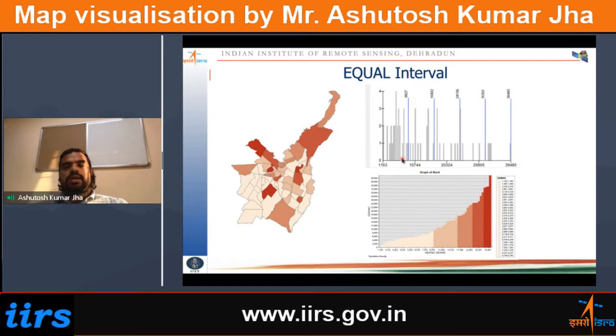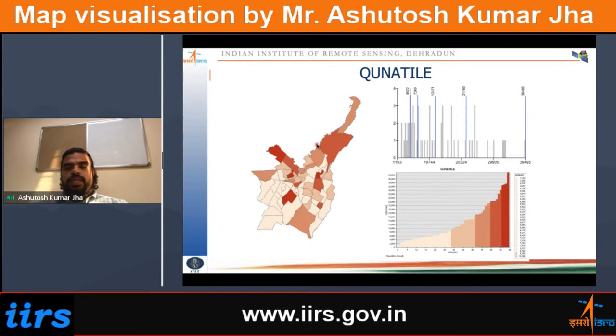In the other classes, like the extreme fifth class, we see very few polygons. So the total color table is not effectively used, and in some cases some colors are overused compared to the others. But generally it is used in cases of temporal comparisons, where we would like to find a relative comparison within that. In those cases, equal intervals can be used.